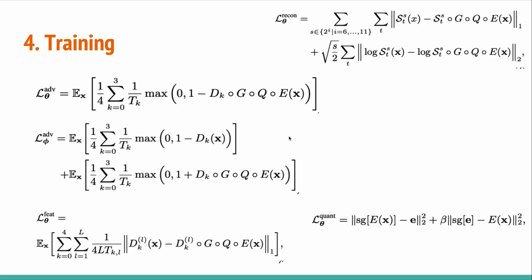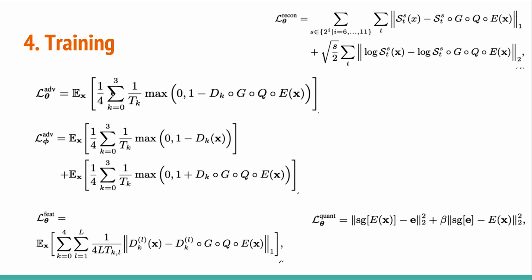Now, coming to the training, like I said, there are many blocks here. There is a convolution encoder, there is a generative adversarial network, and within that there is a generator and a discriminator. They use many loss functions. In this loss function, theta is basically the convolution encoder parameters.